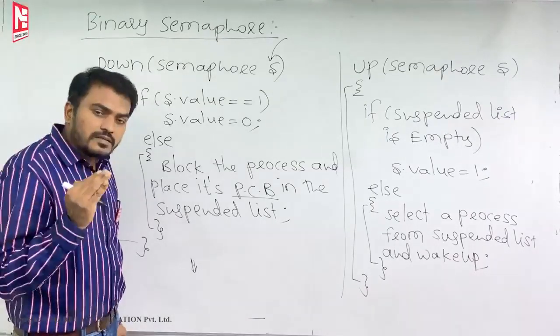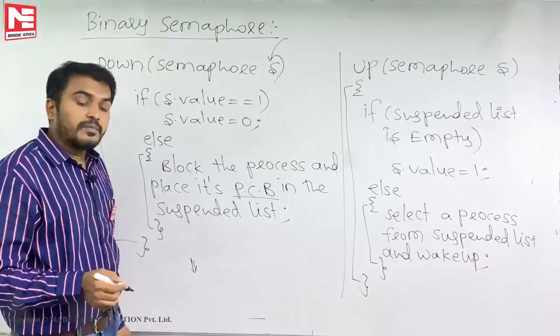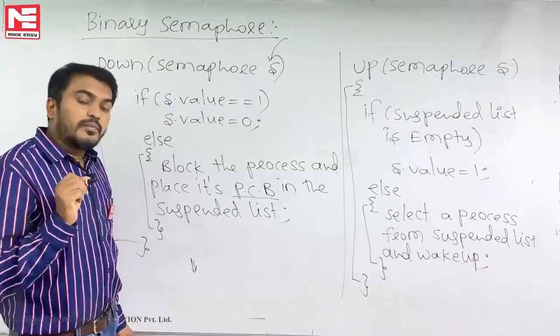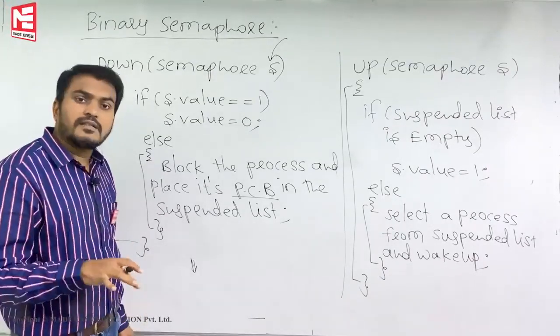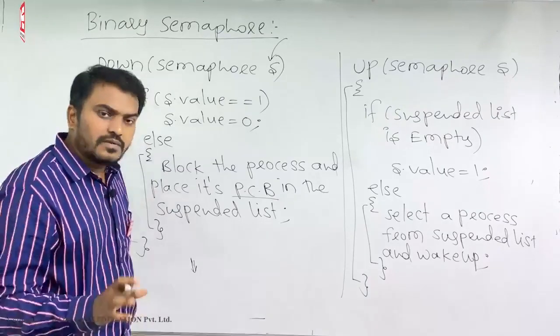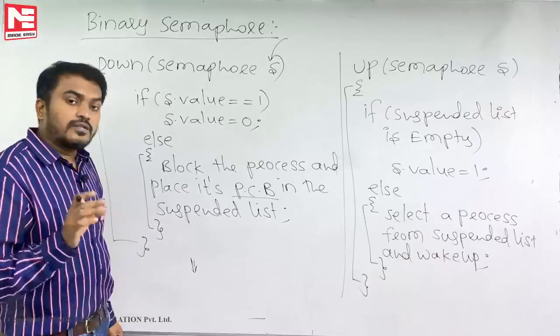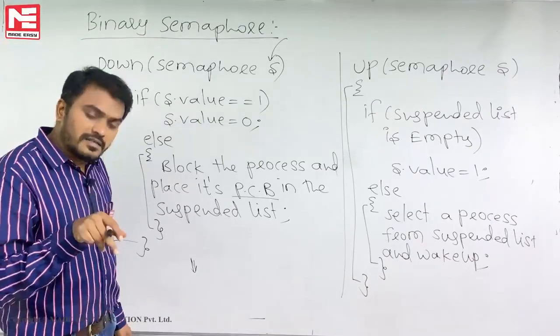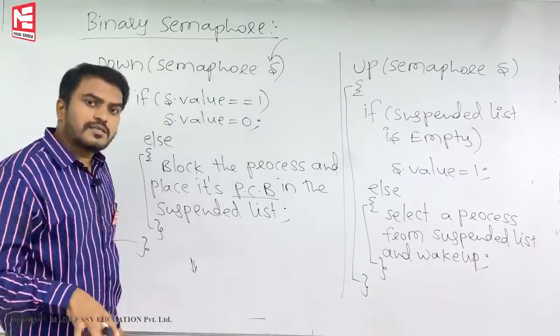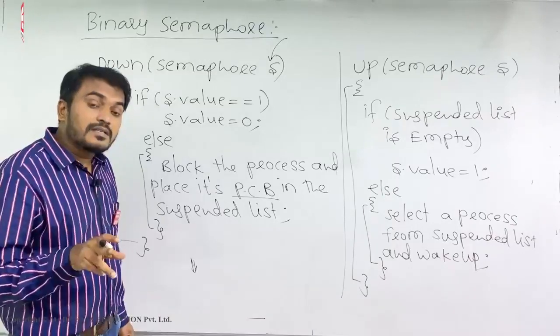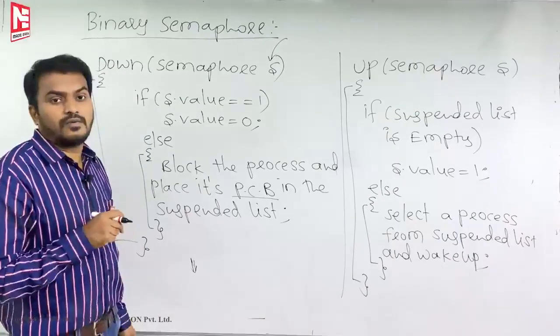After performing down operation, if the process is getting suspended, then that is called an unsuccessful down operation. If it is an unsuccessful down operation, then the process will not continue further execution.